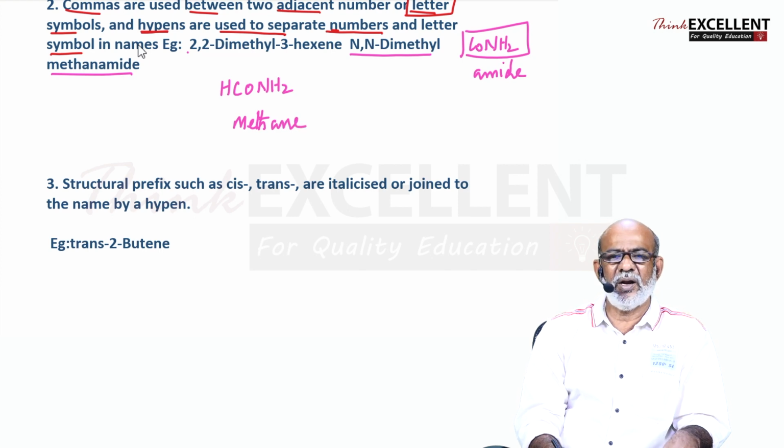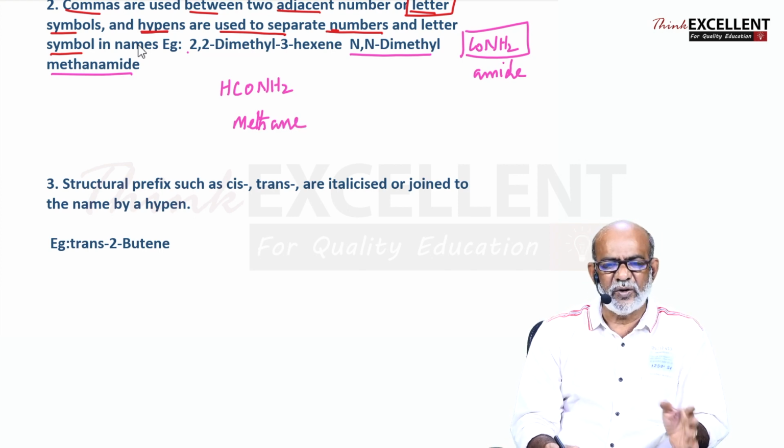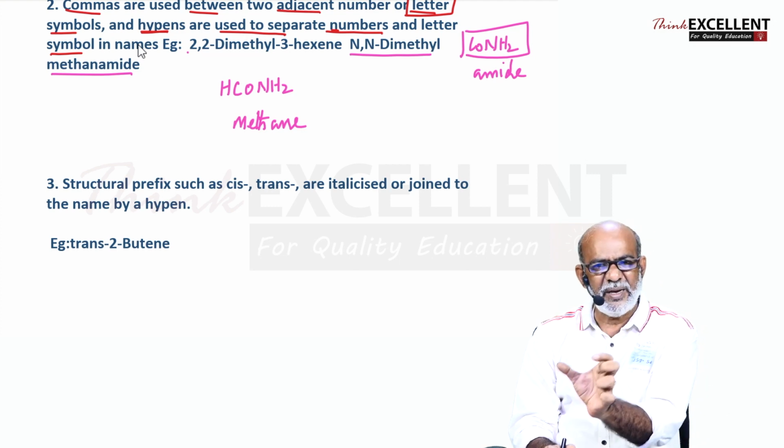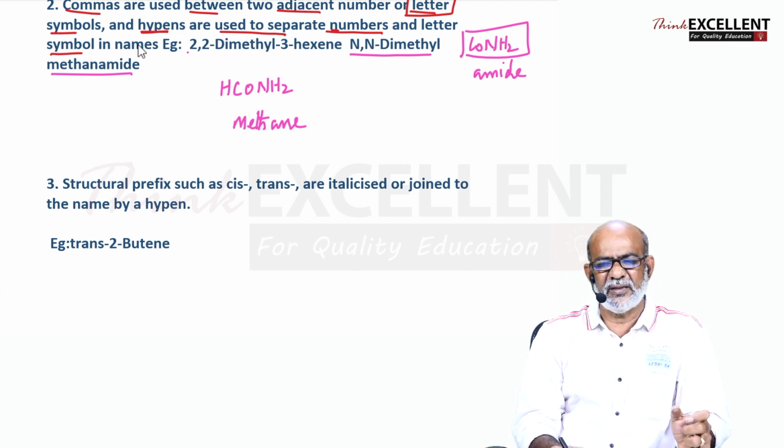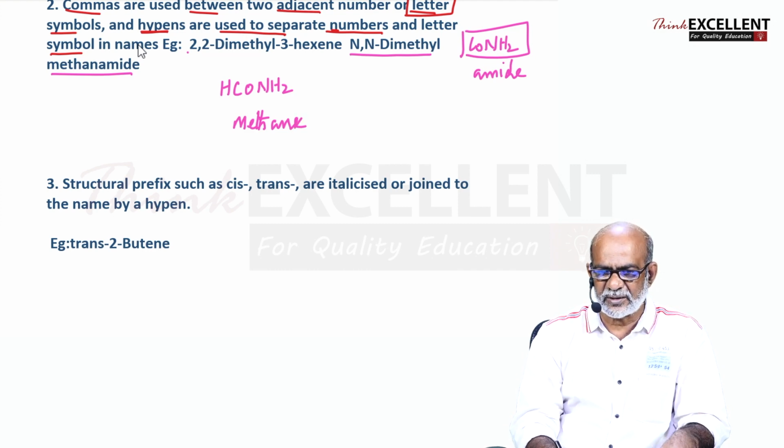The root word is meth. The primary suffix is ane because of the single bond, methane. Then the secondary suffix, the functional group CONH2, is amide. So when the functional group amide comes, strike out the e and write amide. So this name is methanamide.